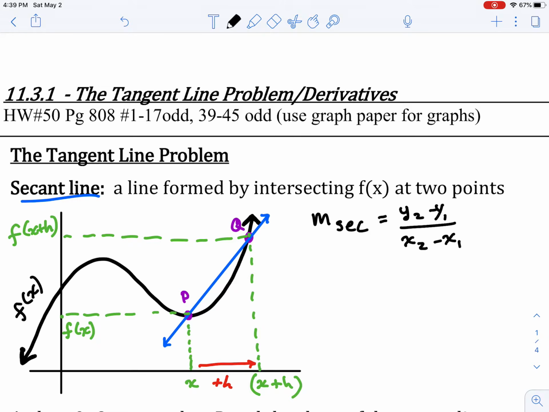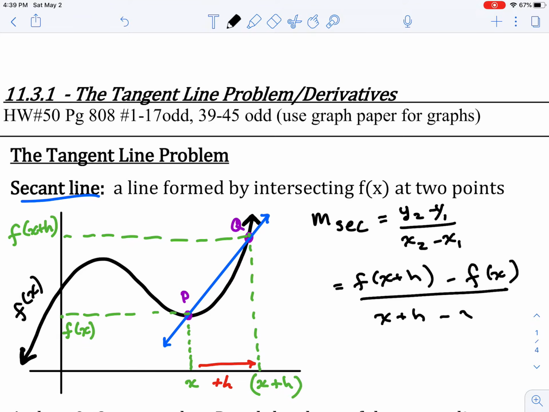It means our secant line, instead of just calling it y2, I'm going to call this f of x plus h minus y1, which is now just f of x. Our x2 became x plus h minus our x1, which we're now just calling x.